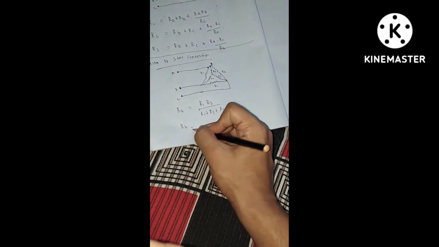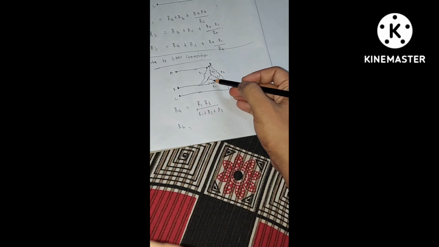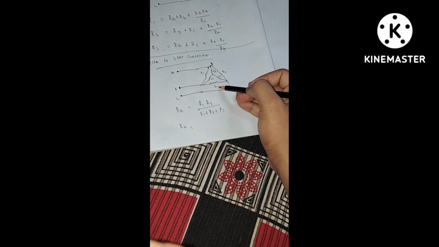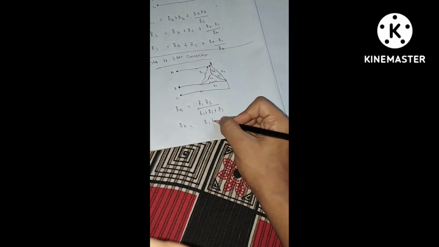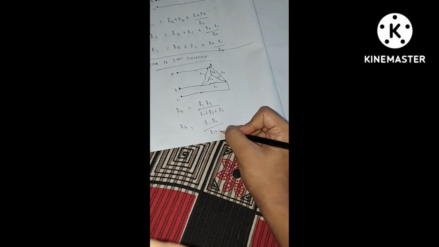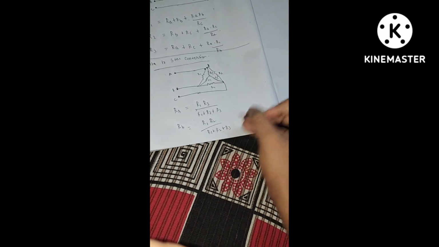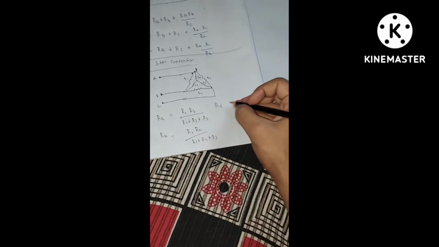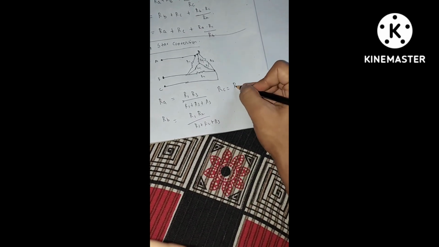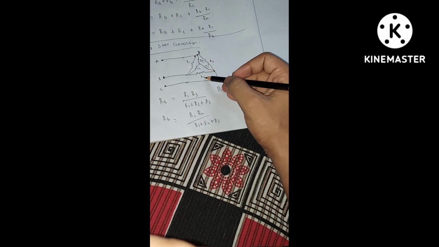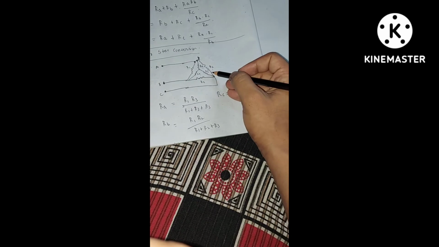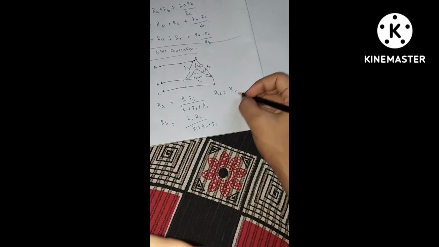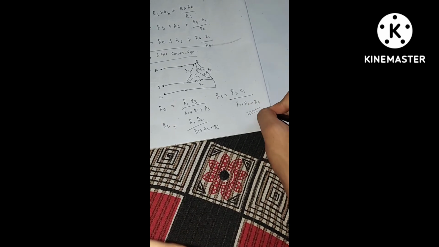Similarly, RB will be equal to R1 R2 by R1 plus R2 plus R3. Similarly, your RC will be equal to R2 R3 by R1 plus R2 plus R3. Done.